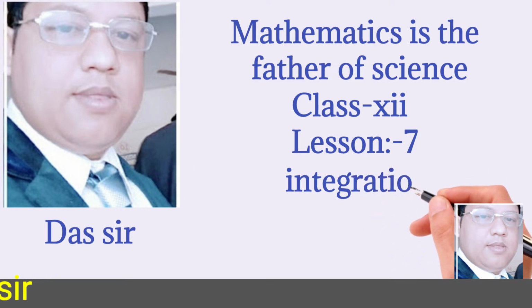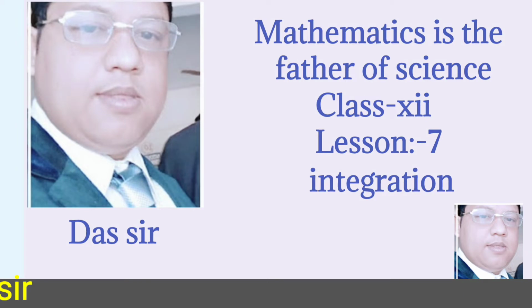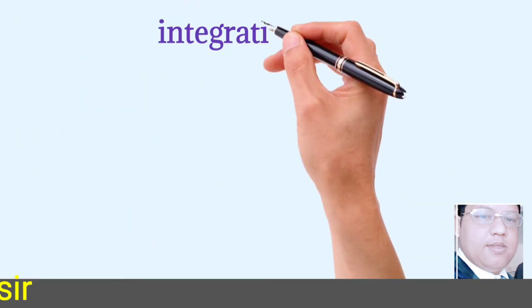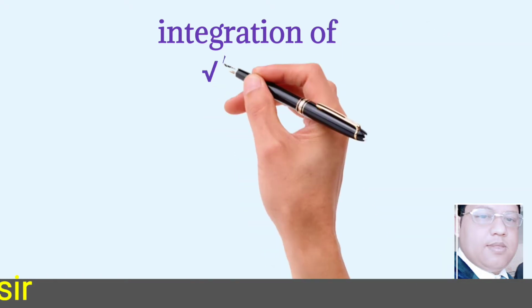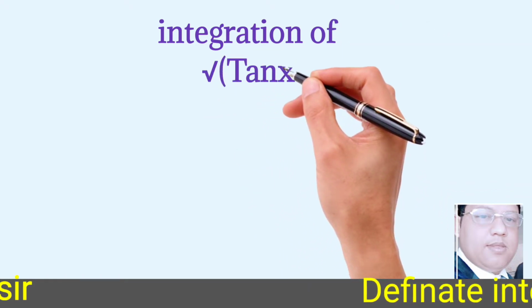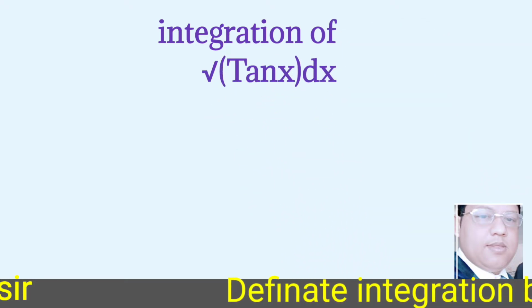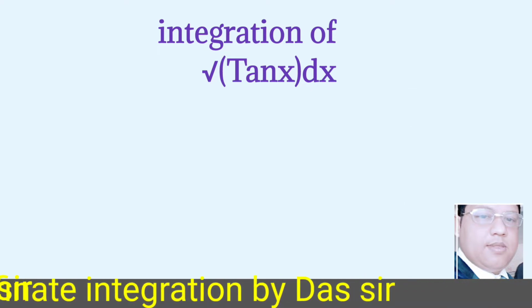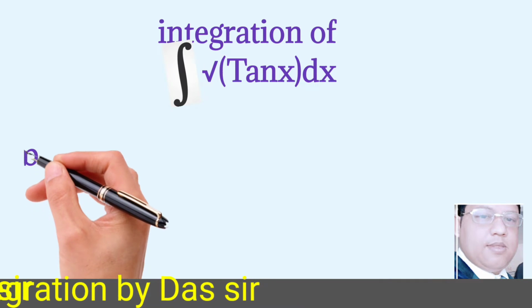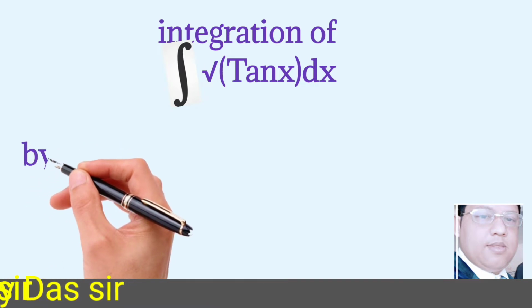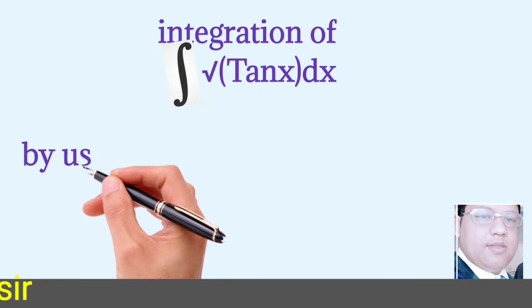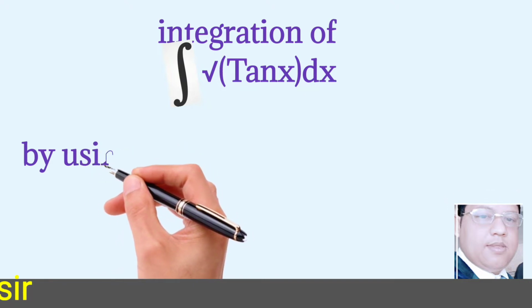These questions can be done by different methods, but this is the simple method, I think. You have to solve the integration of square root of tan x, and this can be solved by using the trigonometric twins method.